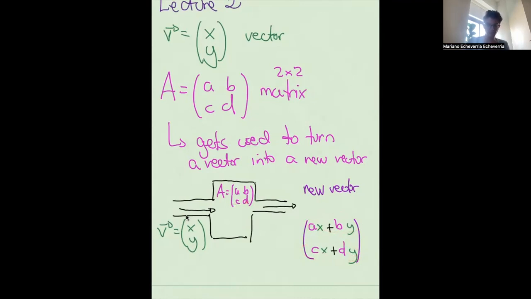This new vector depends on both the matrix and the vector that you started with, so it gets called AV. Think of this as the name for the new vector.